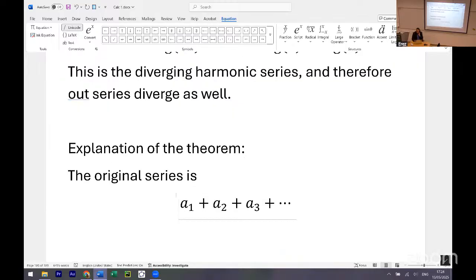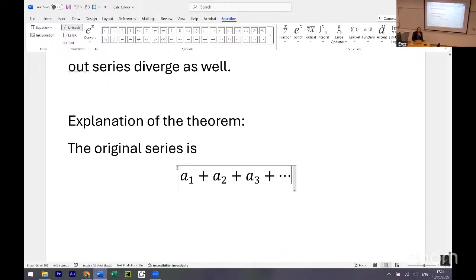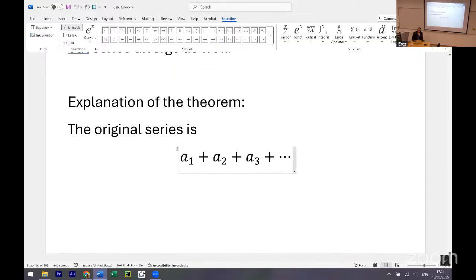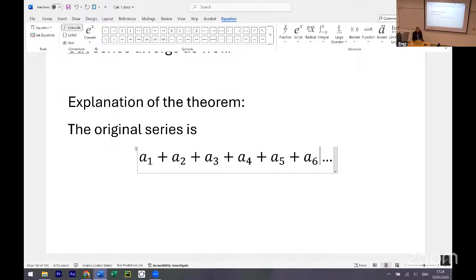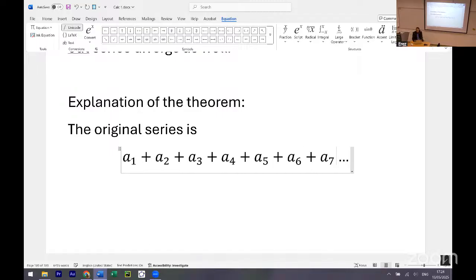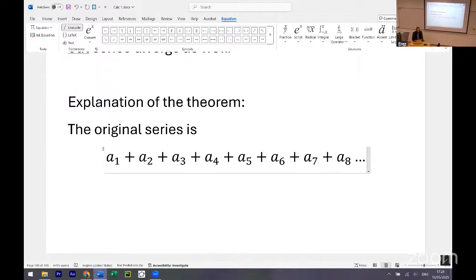Agreed? Okay. I would like to enlarge it and to decrease it and do a comparison by two different series. And I'll do it like this. I'll add some more: A6, A7, A8, plus.